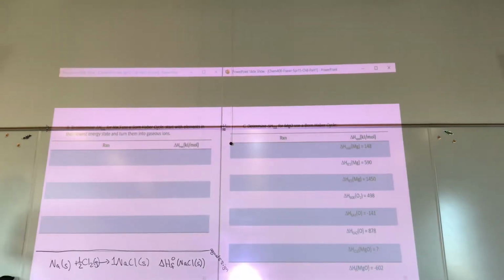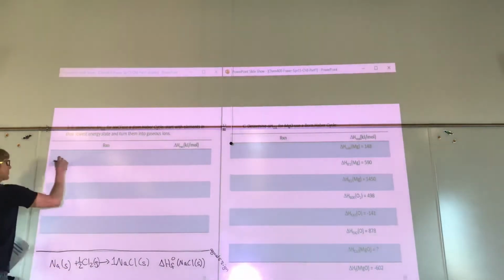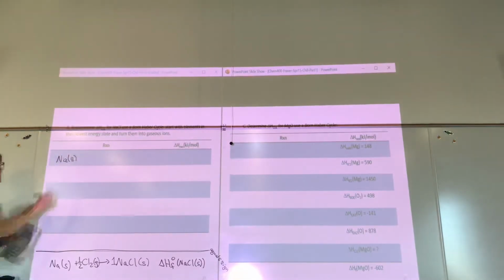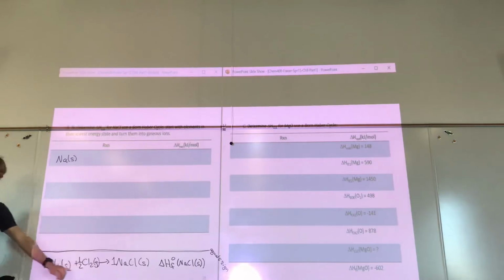Okay, so next thing we're going to do is, for each of the substances that we have here, we're going to start with them, and the process is going to be to turn each of these into gaseous ions.